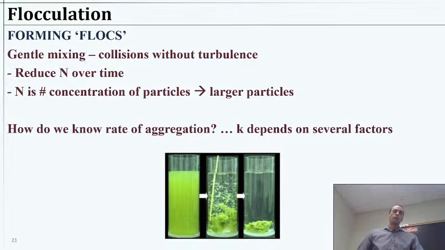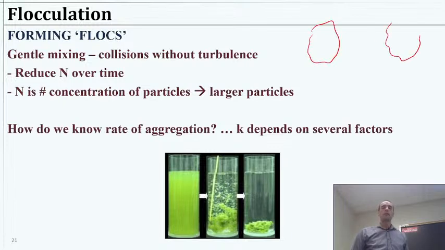Okay, so that brings us to flocculation. One other thing I'll say about sedimentation, just to add a little bit of flavor here, is when we look at 2 particles, another coagulant we can use is actually a polymer.